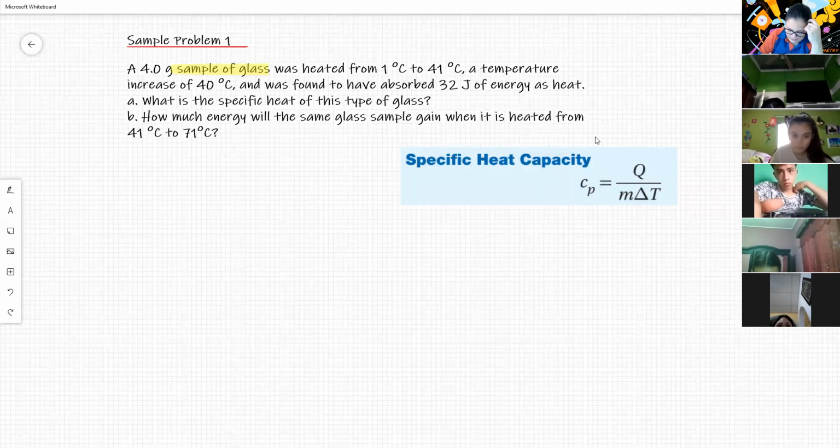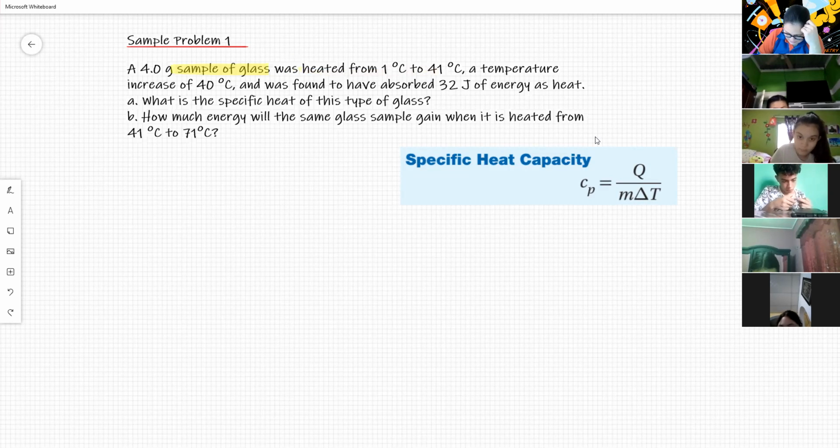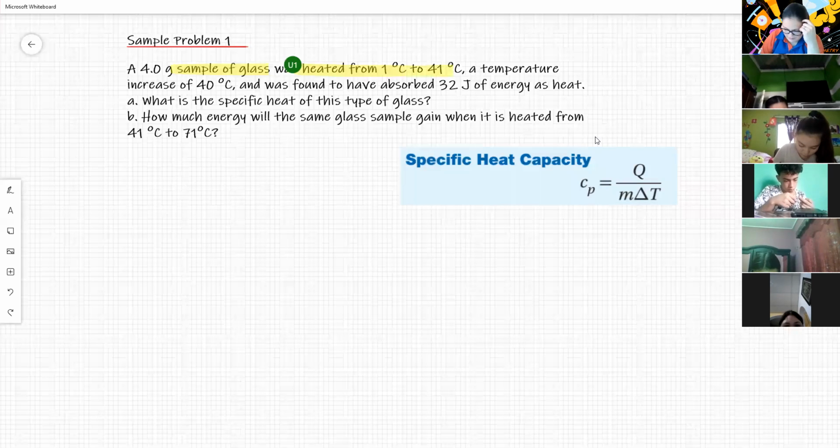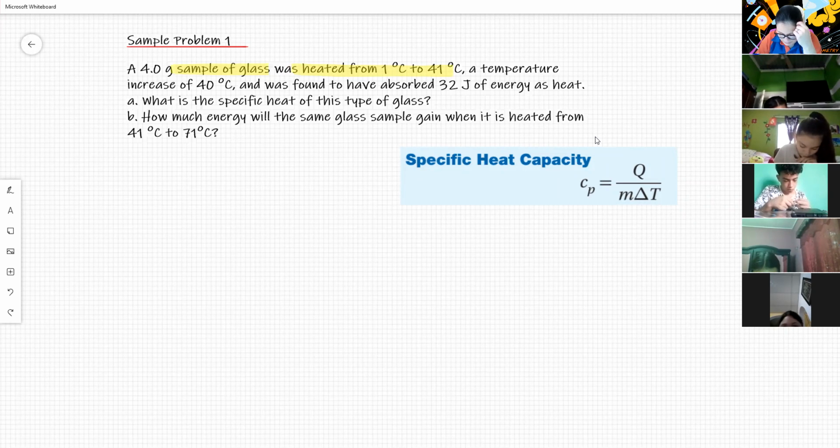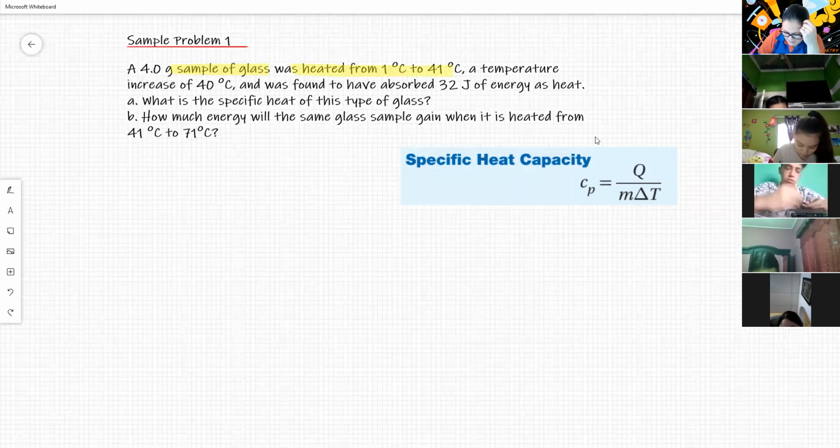We have a sample of glass, heated from 1 Celsius to 41 degrees Celsius. A temperature increase of 40 Celsius and was found to have absorbed 32 joules of energy as heat. Absorbs 32 joules of energy as heat.